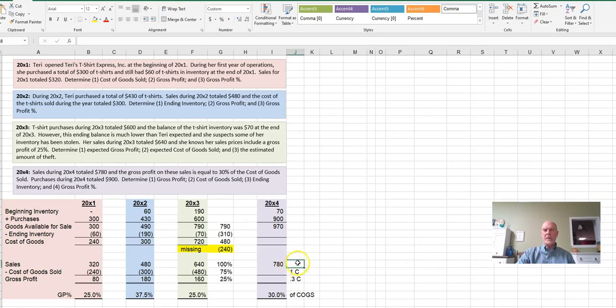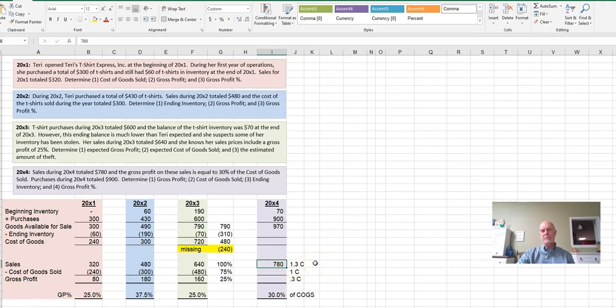So we can add up. That means in terms of C, the sales is equal to 1.3 C.